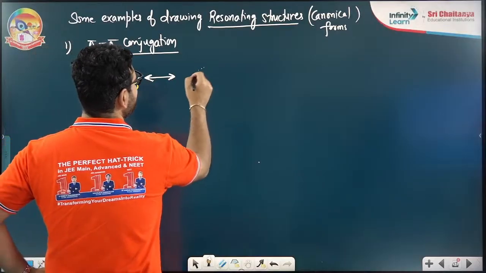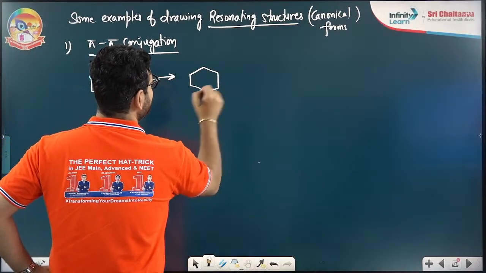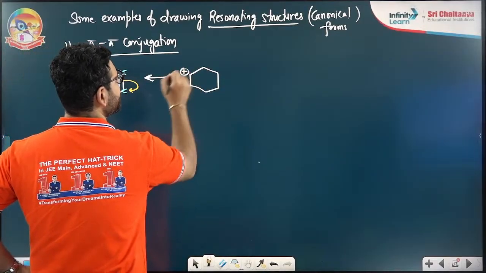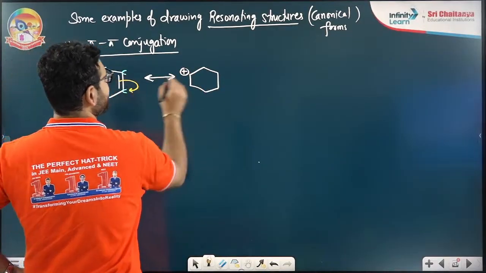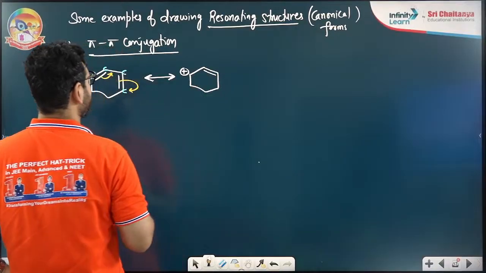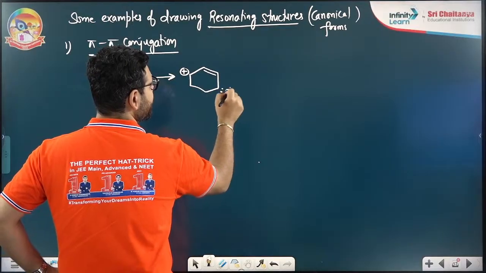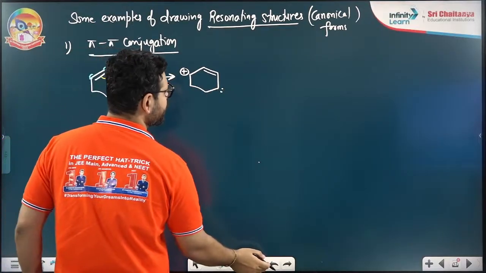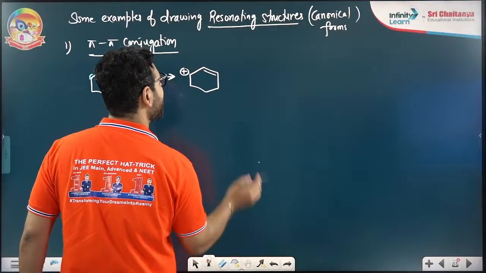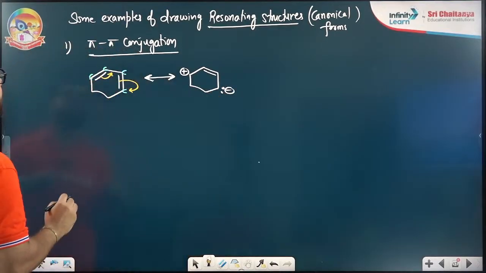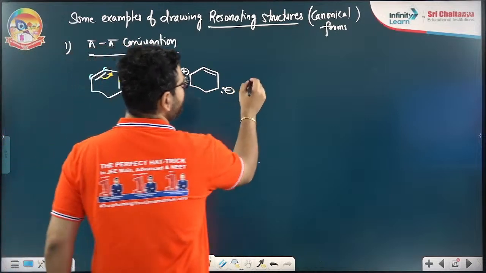If I move these electrons like this, what will happen? See, this carbon has lost its electron, so it will become positively charged. This carbon gets a double bond. This carbon has gained a pair of electrons, so it gets a negative charge. This is one of the resonating structures, and the other resonating structure will be from the opposite side. You can send it from here to here and you'll get the other resonating structure.